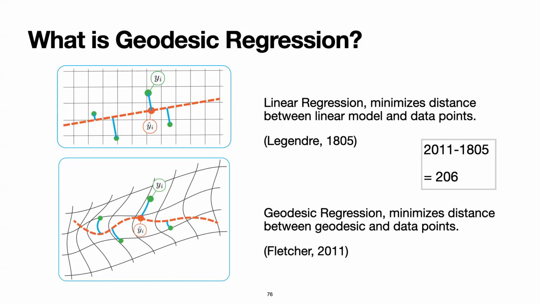So a geodesic is not just a segment. In a space, it's kind of dependent on the geometry or topology of your space. So for example, if you have a sphere, then each geodesic actually does loop back on itself.